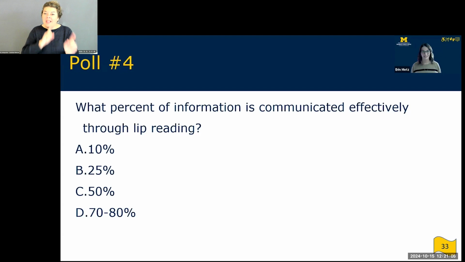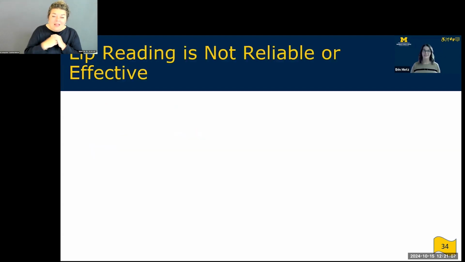But the answer is that lip reading is not reliable or effective at all. A 2011 study found that the mean word recognition accuracy for lip reading was about 10%. Of course, there are other individuals who can reach a much higher percentage and are more apt to use lip reading as an effective communication tool, but really the average is quite low.